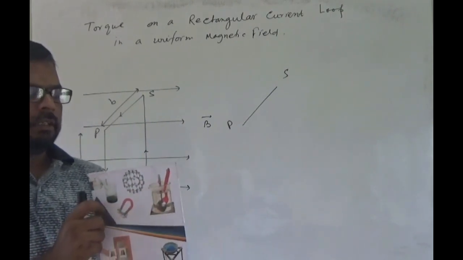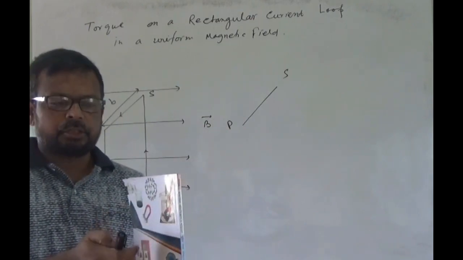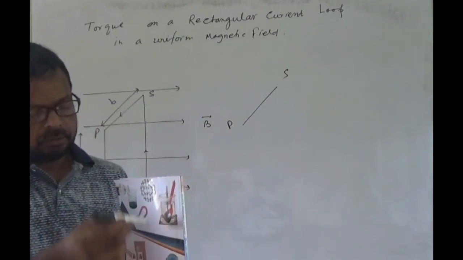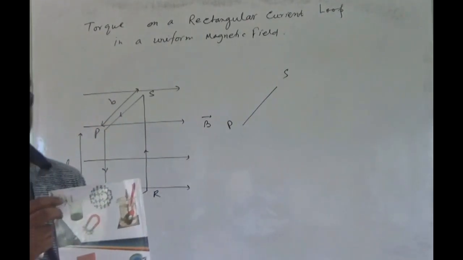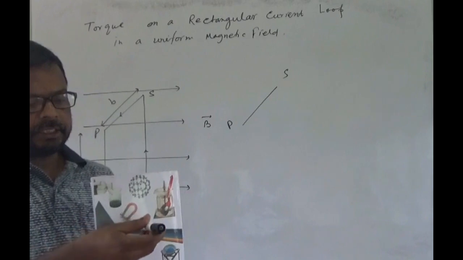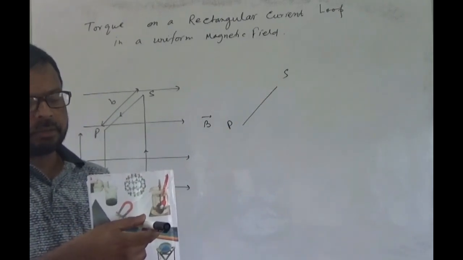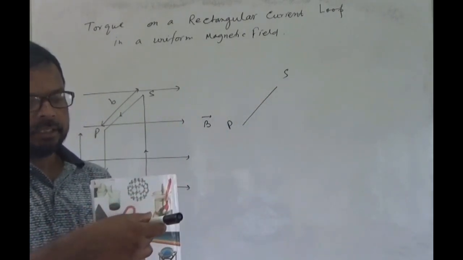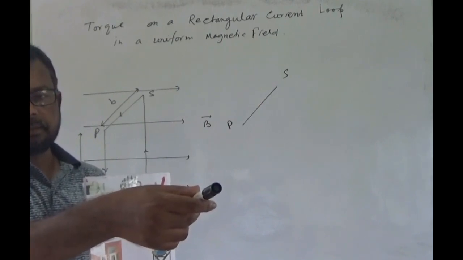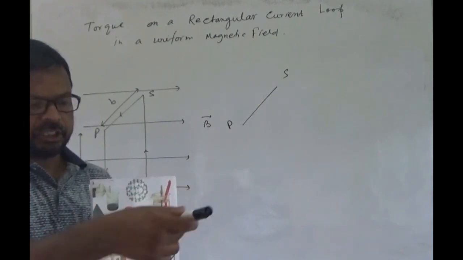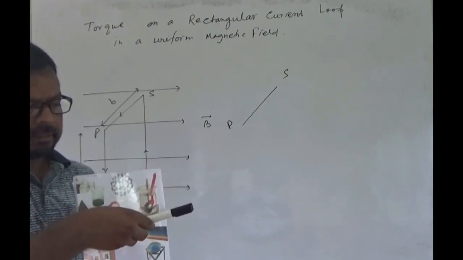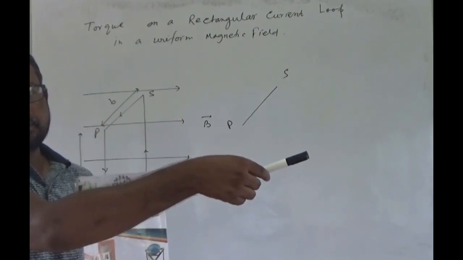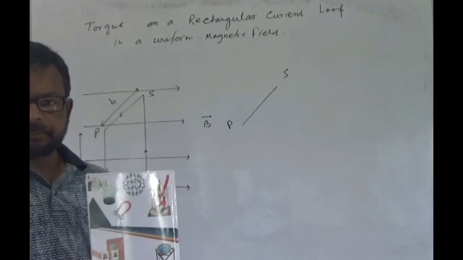In this position, this is the direction perpendicular to the loop. This is theta. This is the normal to the plane of the loop, and this was the direction of B. Clear?